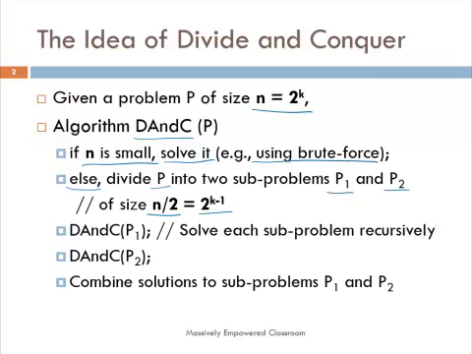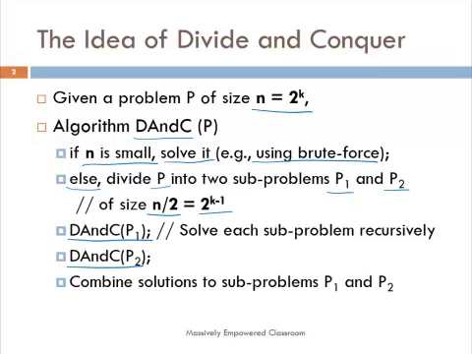Then we solve those subproblems. How do we solve those subproblems? We solve them recursively, or we call or invoke the same algorithm D and C on the subproblem P1, and we invoke the same D and C algorithm on the subproblem P2. So what will happen there?